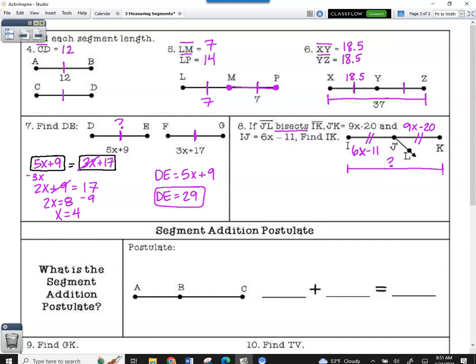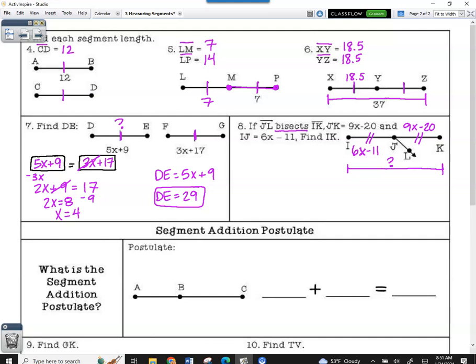That's the goal. Now I'm going to look at my picture and I'm going to think of what Ms. Holcombe has said about we only have 2 scenarios so far. We have part plus part equals whole, or we have 2 things are equal. When you first look at this, since we're trying to find the whole thing, you might think it's part plus part equals whole. But if I set that up, do I actually know the whole thing?